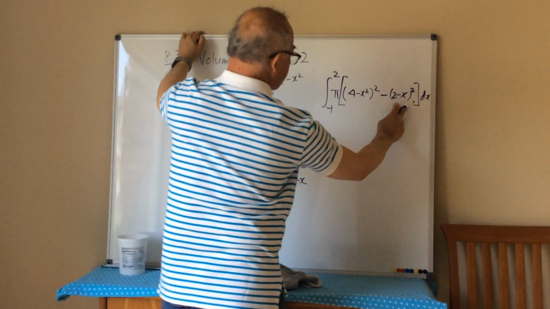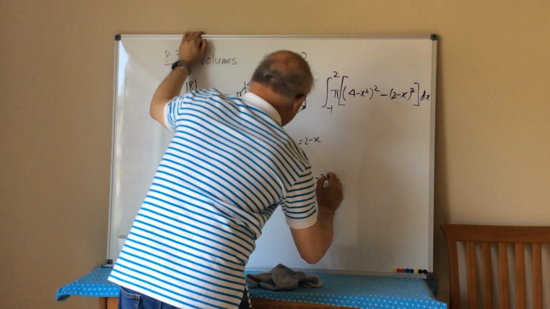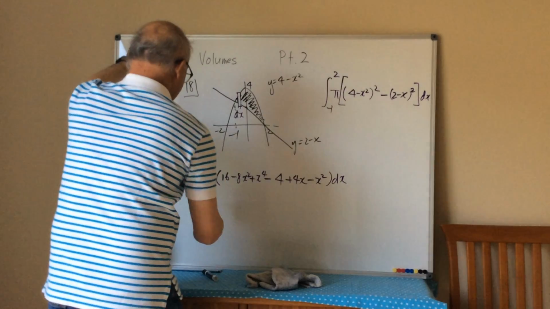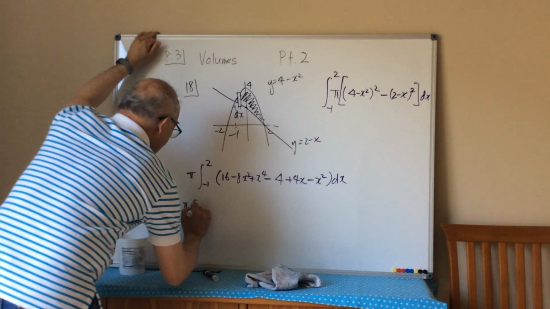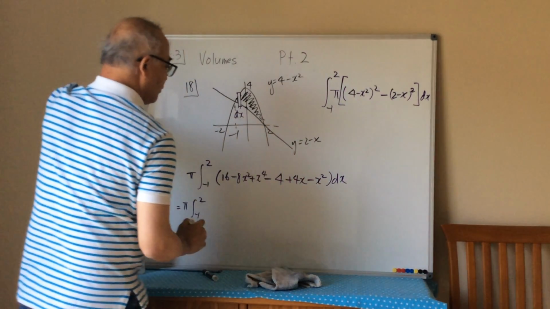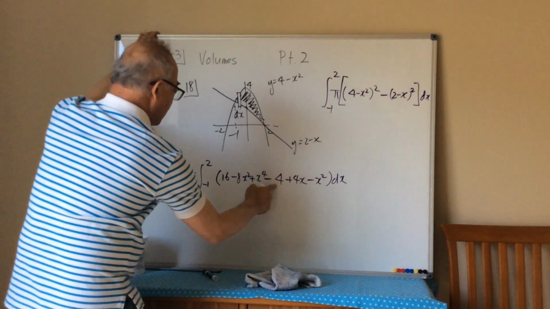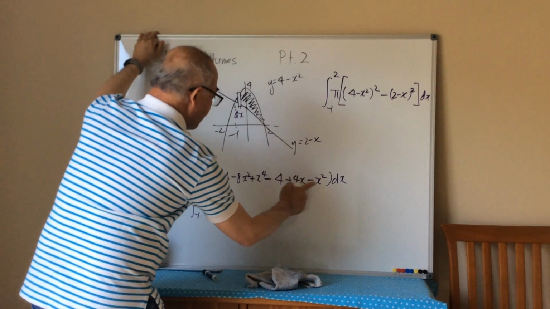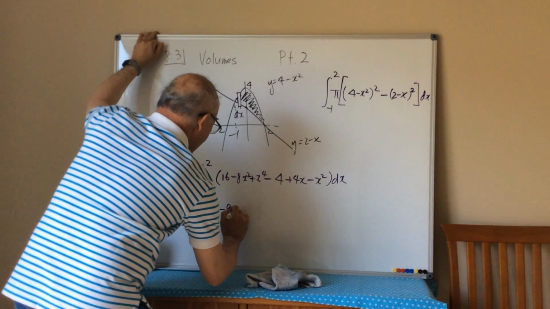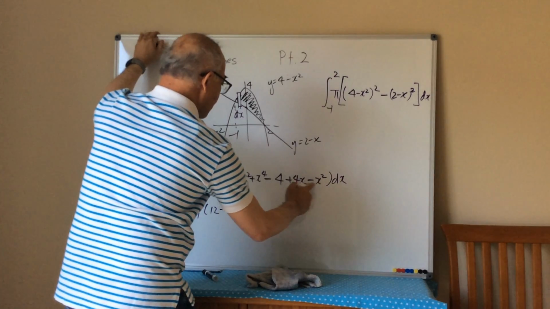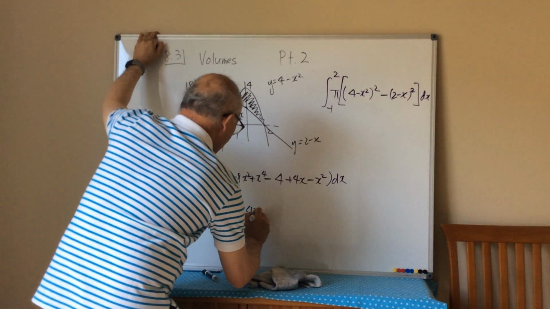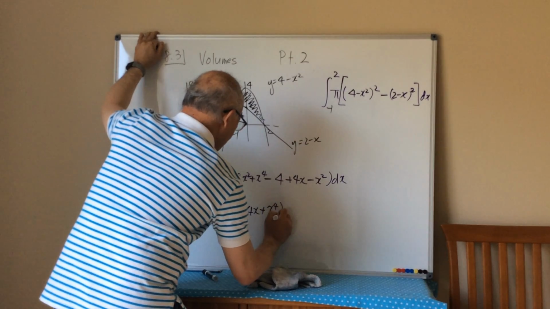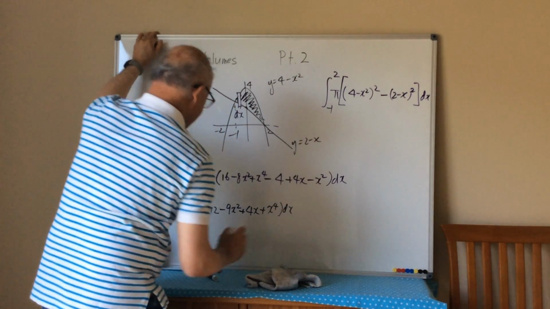And then I had x squared, now it's going to be minus x squared dx. Right? So we're going to get pi, integral from negative 1 to 2 of 12, and then minus 9x squared, plus 4x, plus x to the 4th dx.